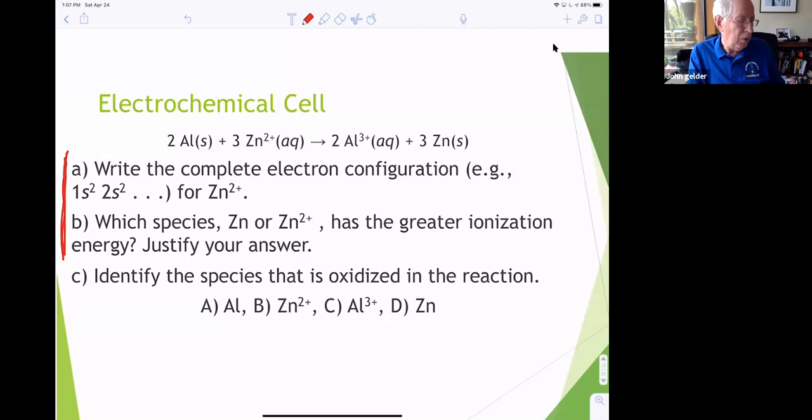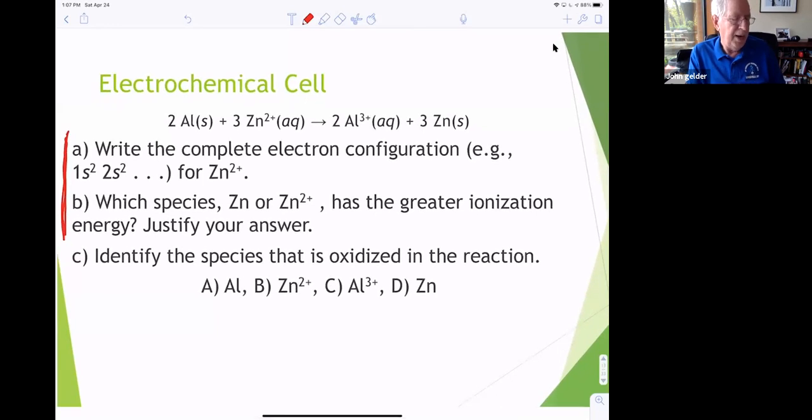You can address those on your own, but we're going to focus on C, to identify the species that's oxidized or reduced. So I'm going to relaunch the poll, and you've got 4 choices there for who's being oxidized.